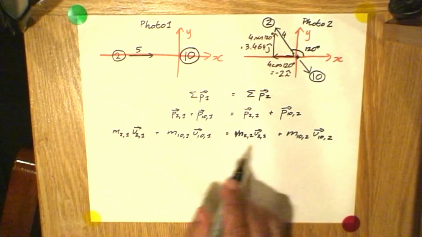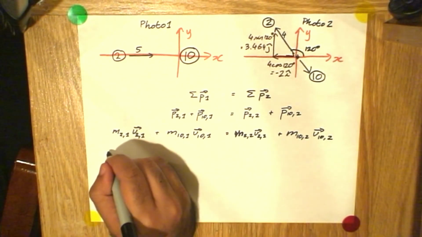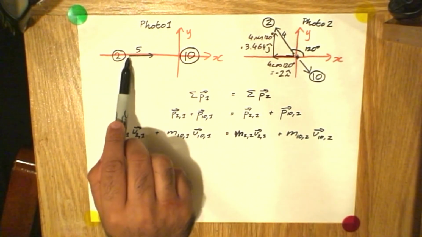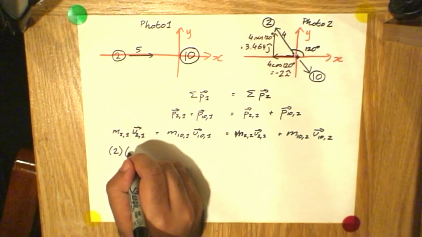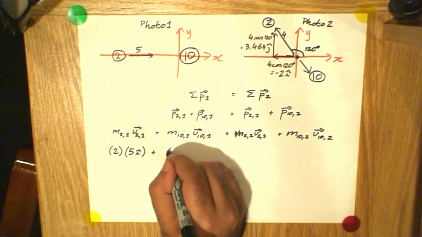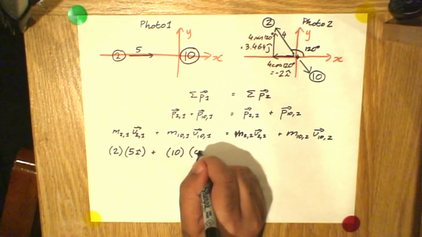Now, let's plug in all of the information that we know. The mass of the 2 kilogram object is, of course, 2 kilograms. Its initial velocity was 5 meters per second in the positive x direction, that's 5 i hat. Plus, the mass of the 10 kilogram object is 10. Its initial velocity is 0, it is at rest.